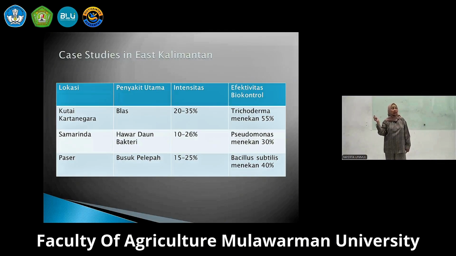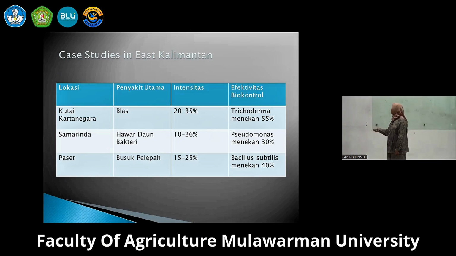This study was conducted by me and my team during research. So you can see the intensity is about 20, 30, 35%, and then in Samarinda, it is the highest one, about 6 to 26%. And then also in Paser, the sheath rot, that's about 15 to 25.